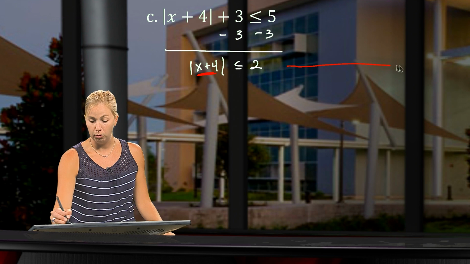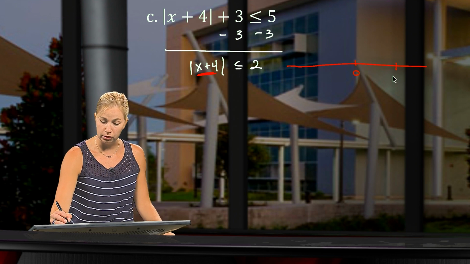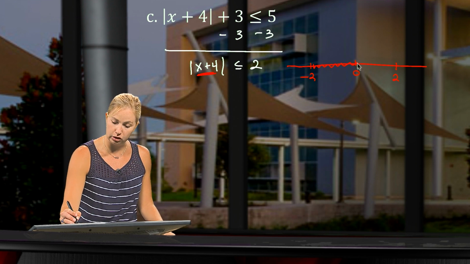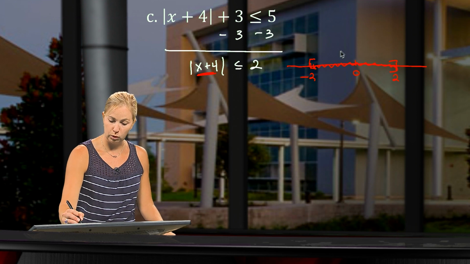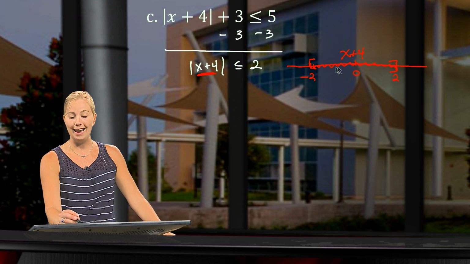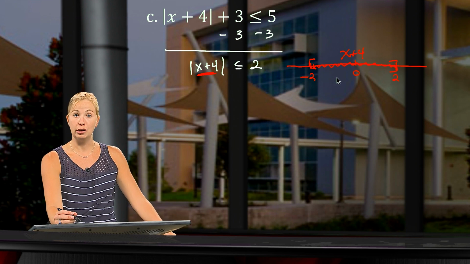So thinking about my number line, here's 0. If it's less than 2 units from 0, then it's sandwiched between -2 and +2. This is where my x plus 4 lives. x plus 4 can represent any of these values because all of these values in this shaded region are less than or equal to 2 units from 0.